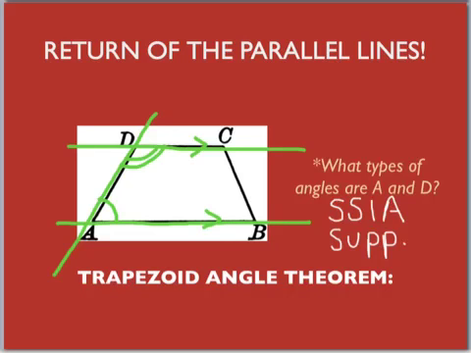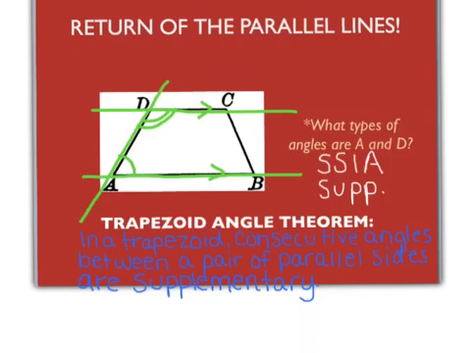So now we have the trapezoid angle theorem. The trapezoid angle theorem says, in a trapezoid, consecutive angles between a pair of parallel sides are supplementary. So consecutive, this word consecutive, means right next to each other. These two are consecutive. And they are between the two parallel sides, so they have to be supplementary.